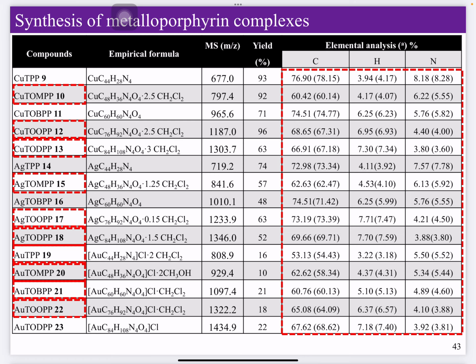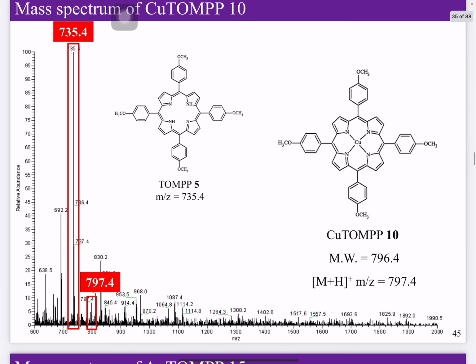Compared with this, silver is a medium percent yield, ranging from 50 to 70%. For gold TPP, the percentage yield is quite low, in the range of 10 to 20%. However, all of the complexes are in agreement with what is expected, confirmed by mass spectrometry, CHN and elemental analysis.